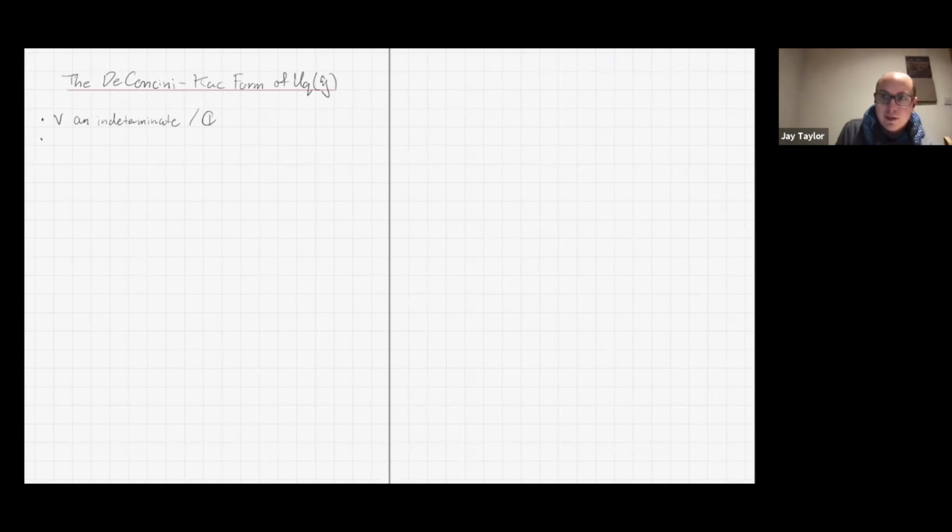There were some concerns that my Ks and my Rs look the same, so I'm going to draw my Ks with a curl to distinguish them from my Rs. So I'll let K be the field of fractions of the Laurent polynomial ring.